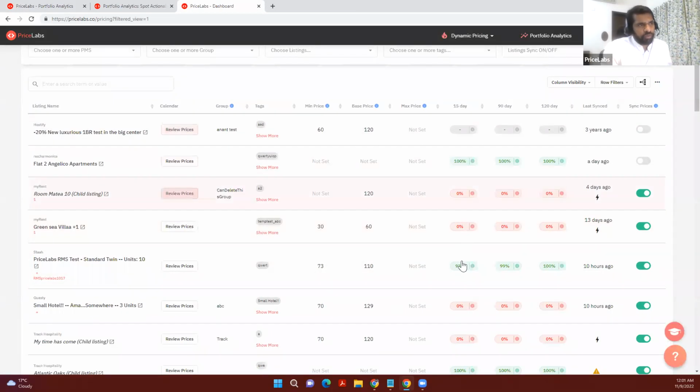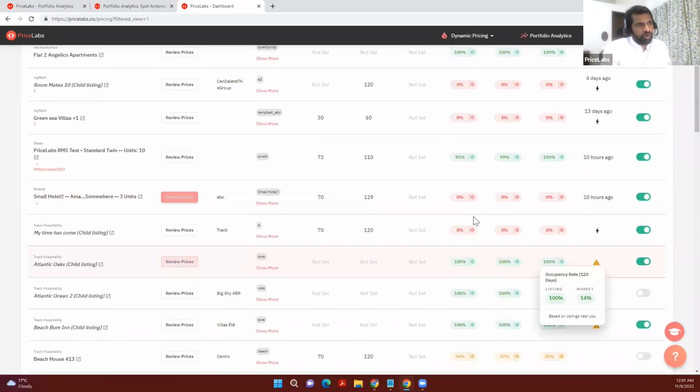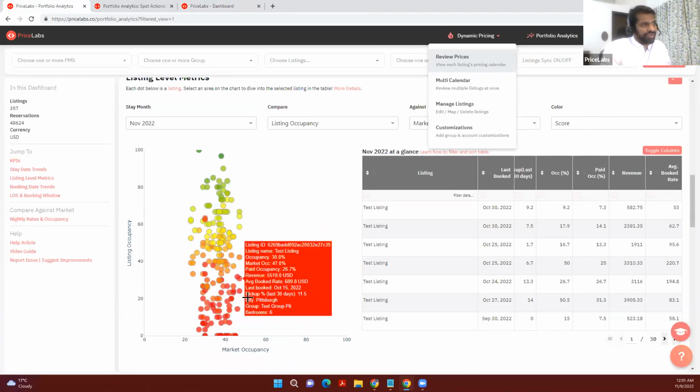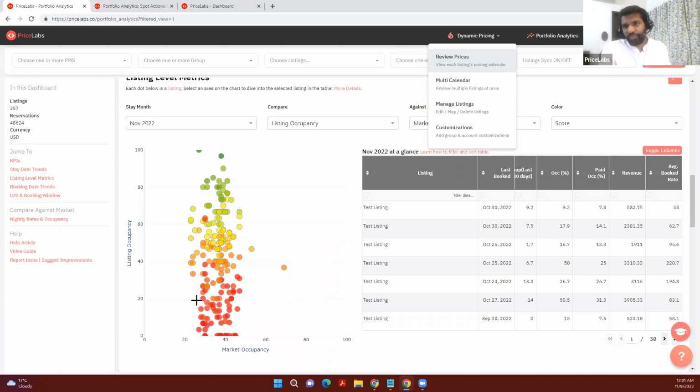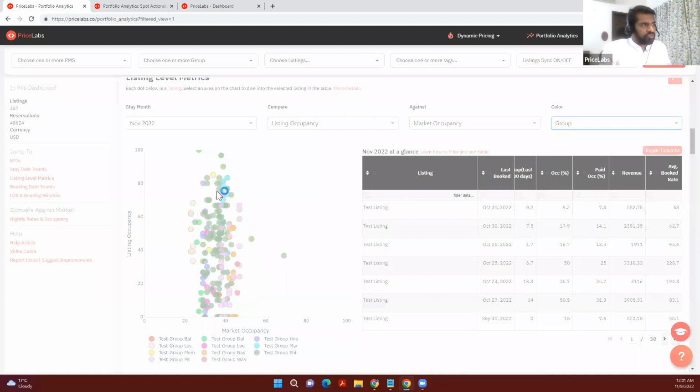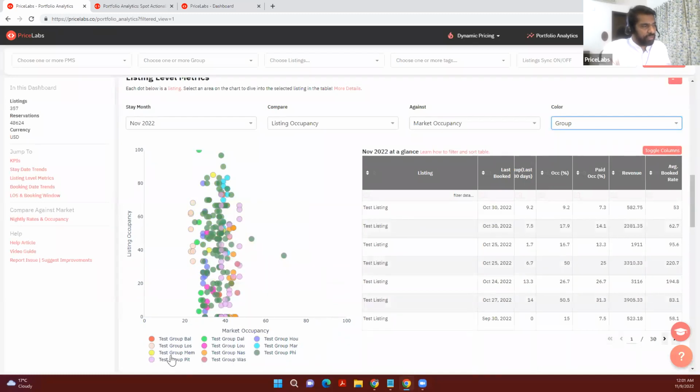If you have a few properties, it's generally easier to just go by your properties here. But if you have a lot of properties, you may want to see the bad performing properties so you can tackle them, right? And you can also group these properties by color, city, group, or whatever. So for example, if I group them by group, you'll see that number change.